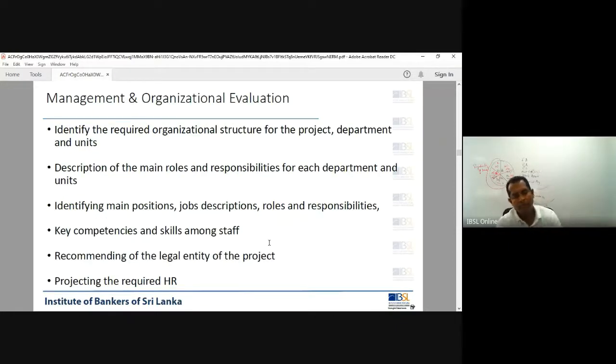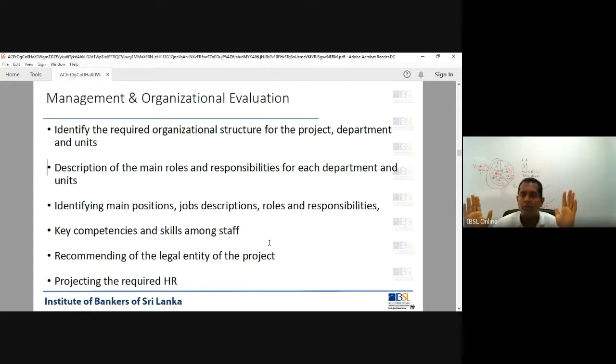Then we do the market, technical, and financial appraisal. Then we have to do the management and the organization evaluation. That's the human capital of the business. Based on the project, we should have the organization structure in place.